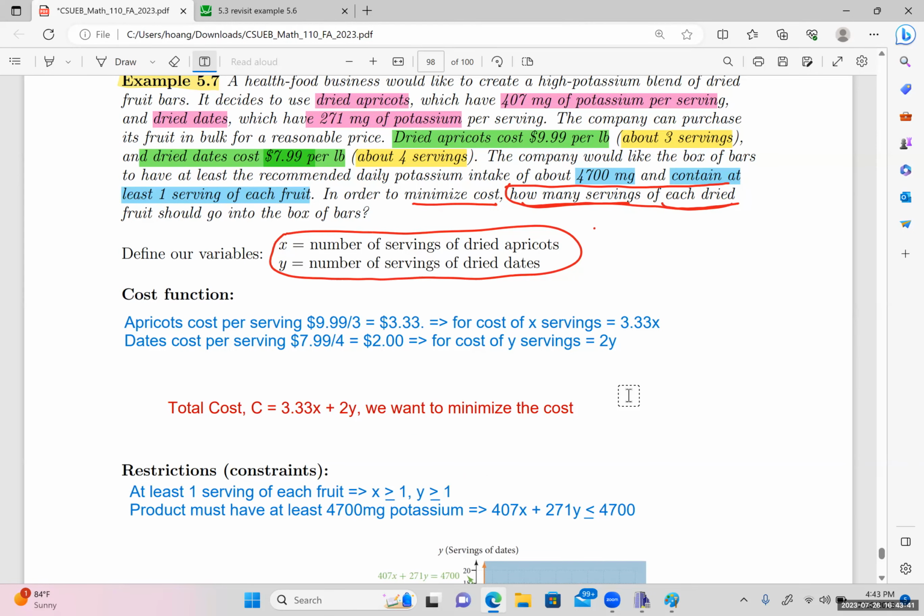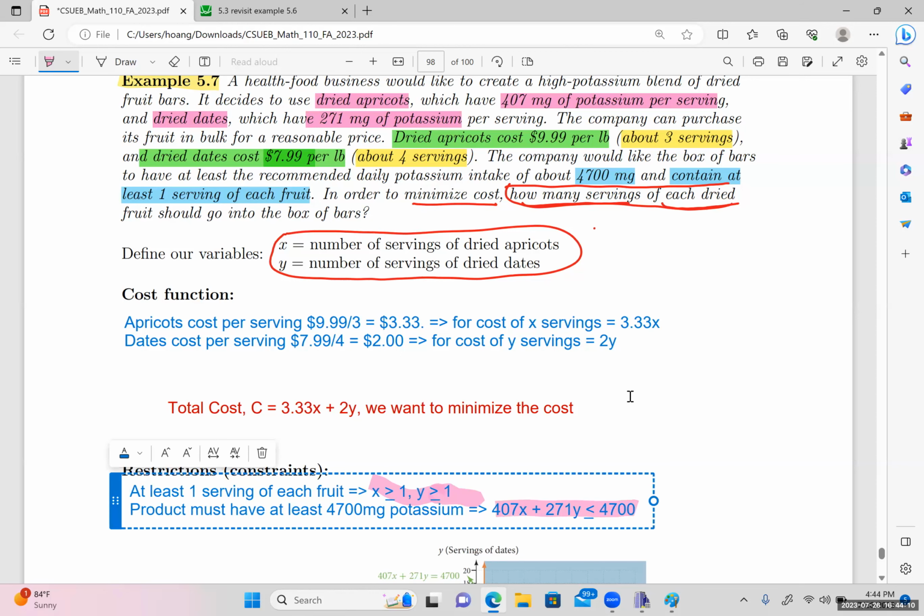Okay, so we have some constraints. Yeah, 2 constraints right now, right?